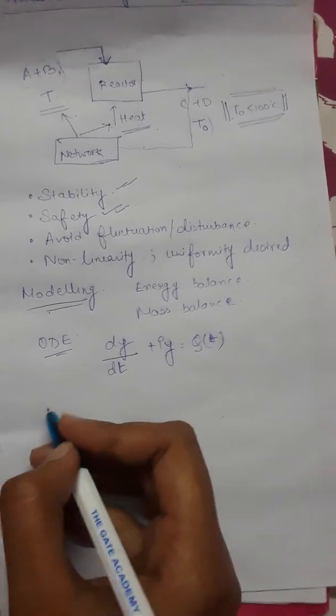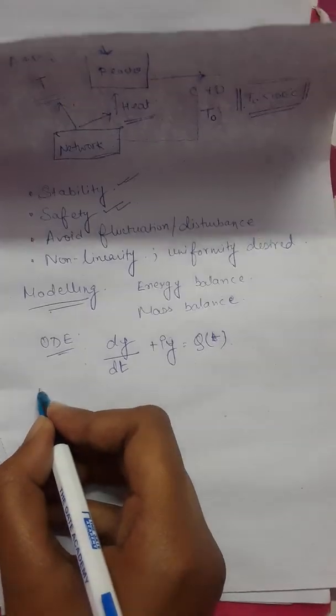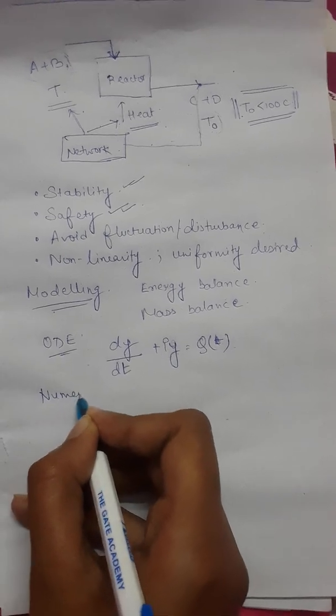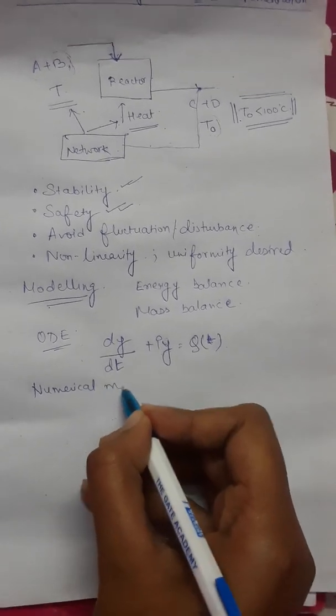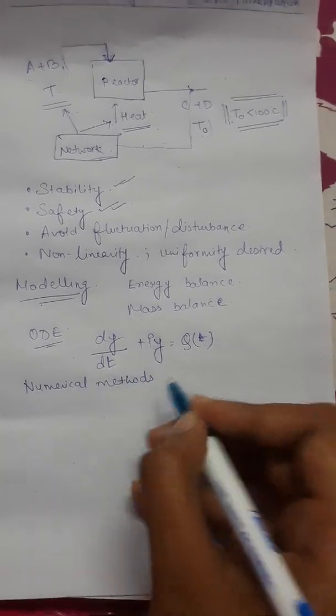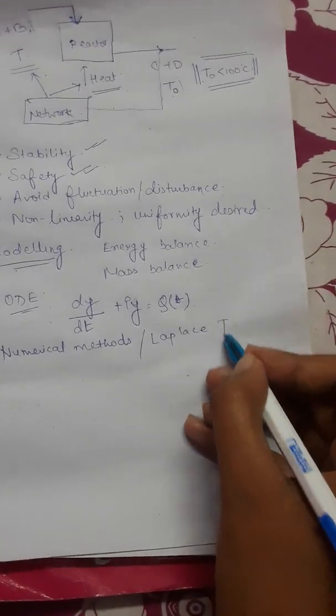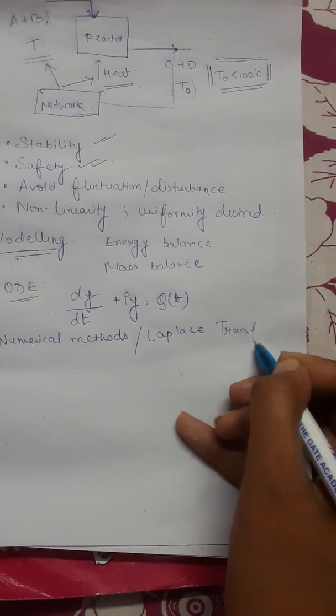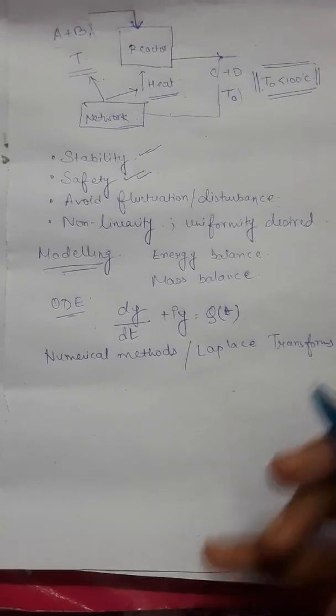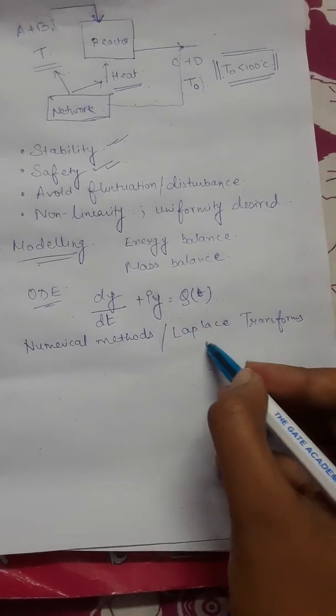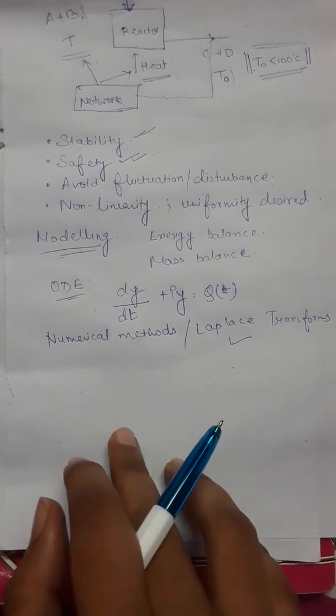Now the way of solving this can be either numerical methods or Laplace transforms. So either of these methods can be used, out of which Laplace transforms are most preferred.